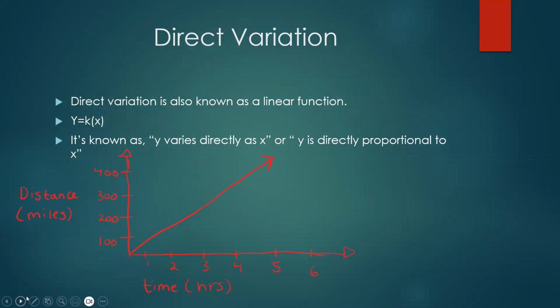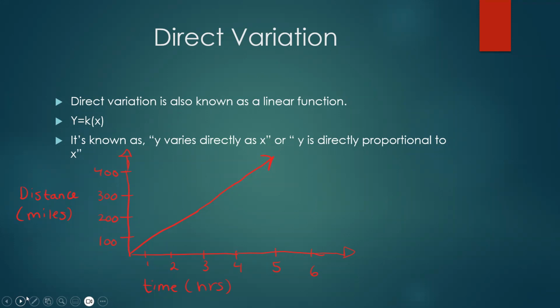So let's talk about direct variation. Direct variation is also known as a linear function, y equals kx. So how do you know if you have a direct variation? It's known as y varies directly. So the keyword is varies directly. So that's how you know you have a direct variation, or y is directly proportional to x.